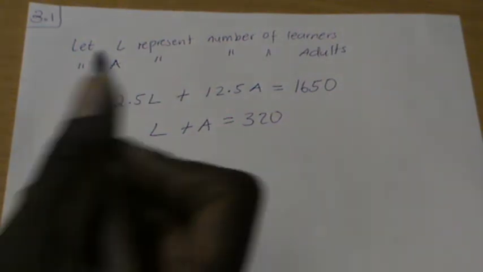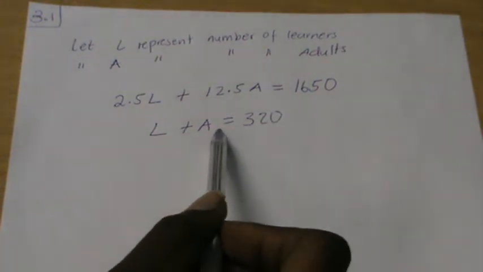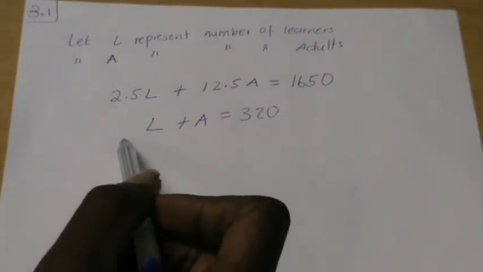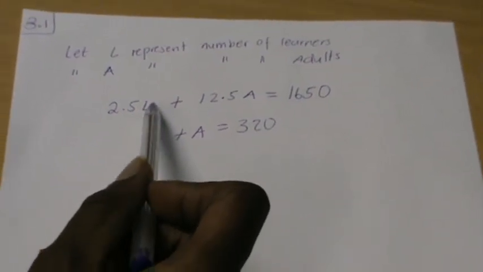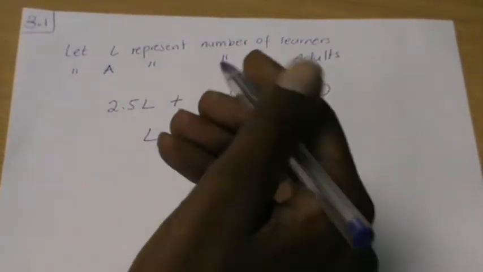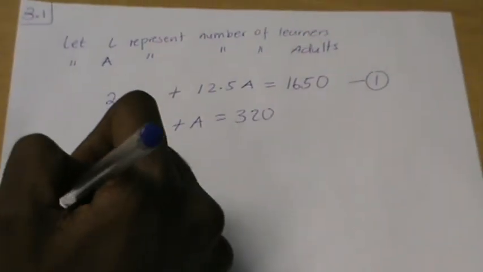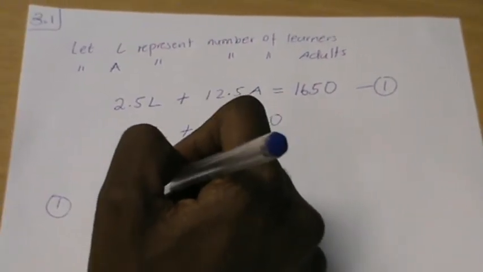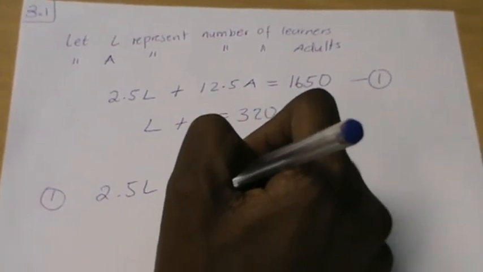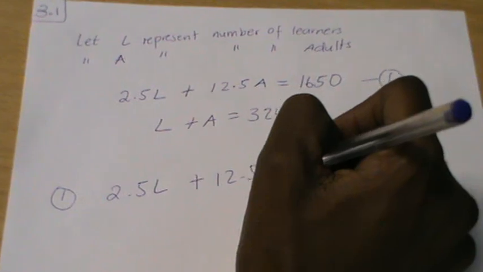With elimination, I'm going to multiply equation 2 by 2.5 because I want to eliminate L. My first equation, number 1, is not going to change, so it's 2.5L plus 12.5A equals 1650.